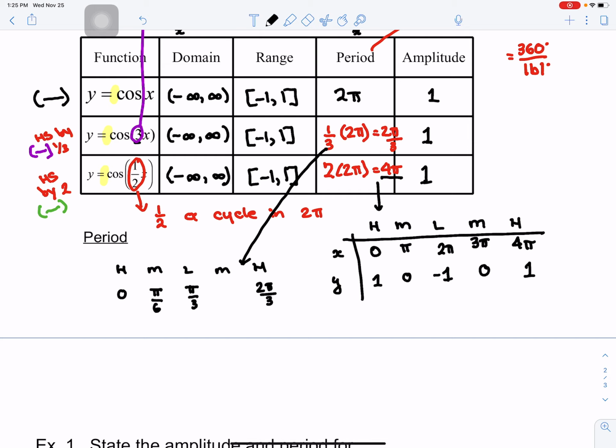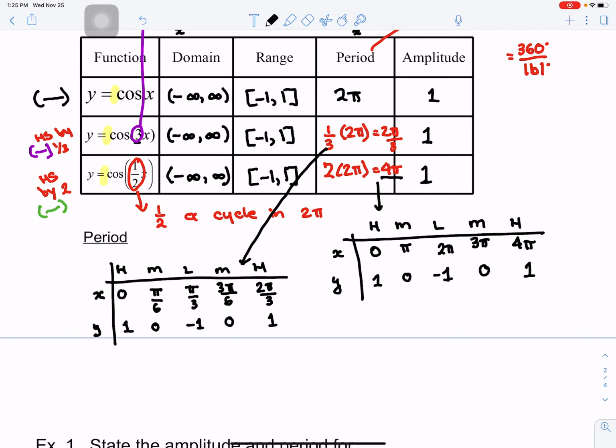Then I count pi over 6, 2 pi over 6, 3 pi over 6, 4 pi over 6: high, middle, low, middle, high, because my amplitude hasn't changed. So be very careful with how you're plotting those. It is a little bit tricky.